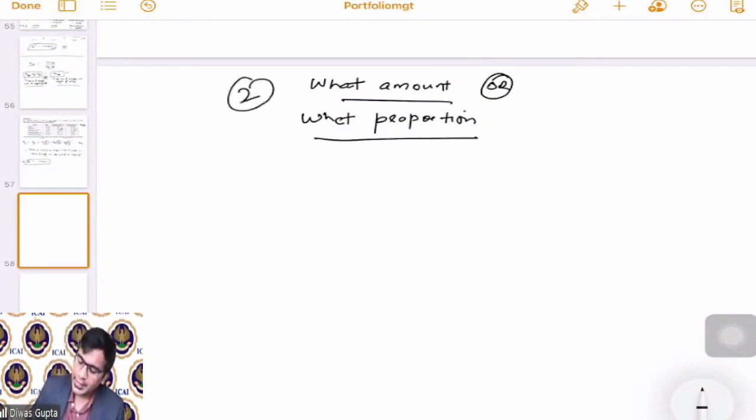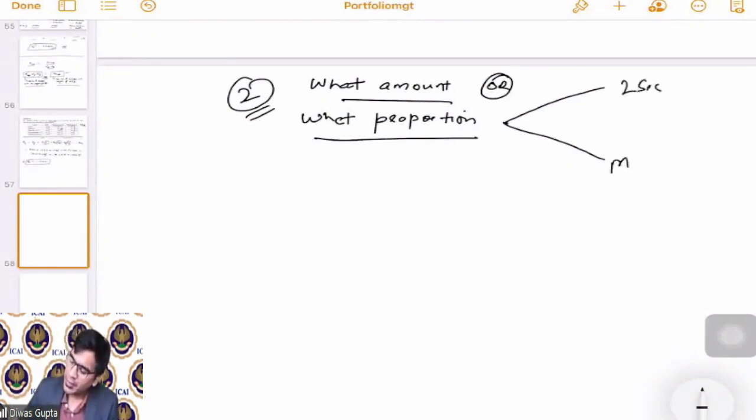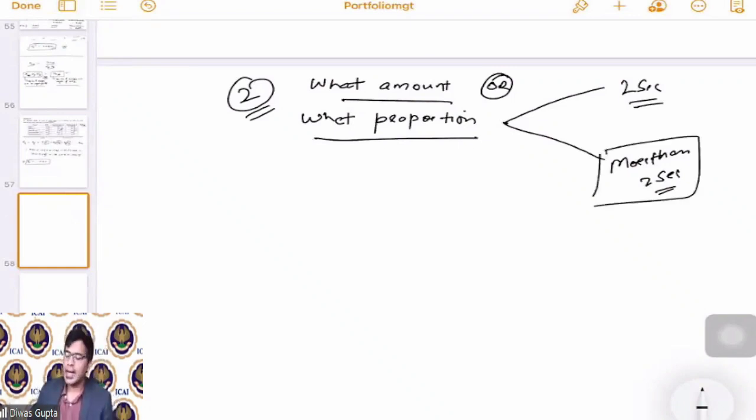Which is the second part of our initial discussion. Now students, in this also we can have 2 situations, again 2 securities or more than 2 securities. So first let me take more than 2 securities, and then we will also come to 2 securities.